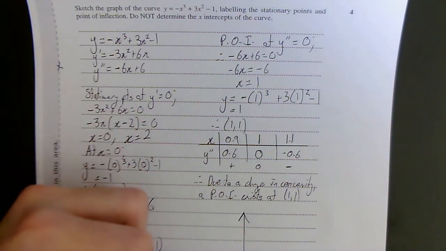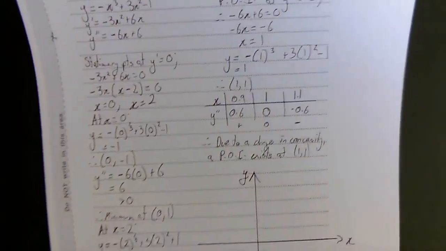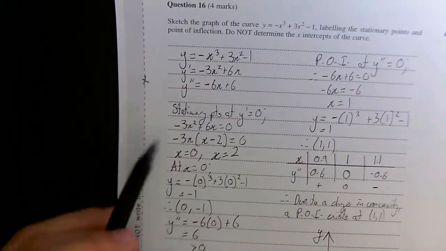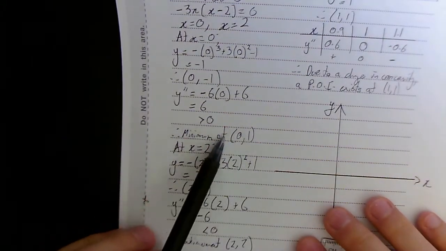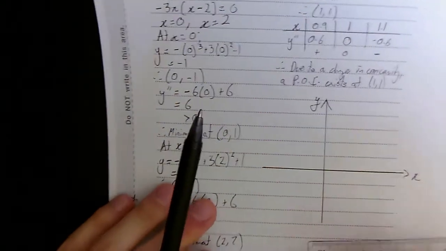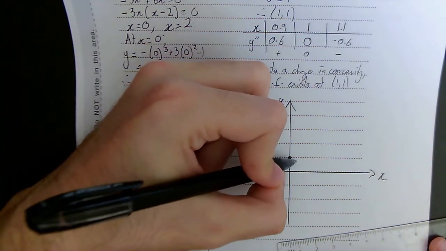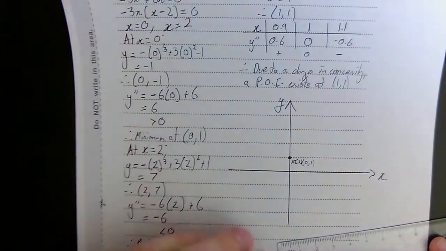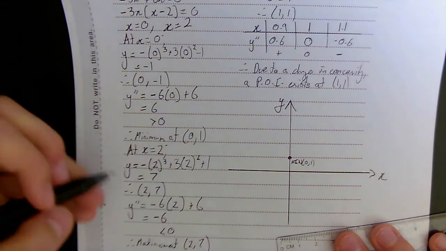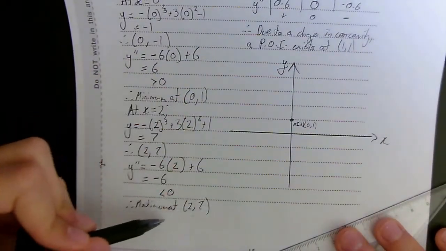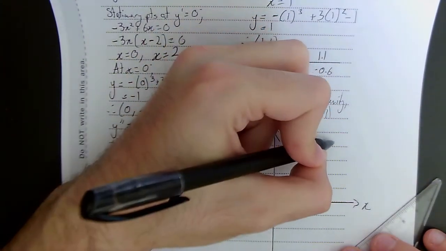So I'm going to draw my axes real quick, label the x and y axes, and now label my points. Recall, I have a minimum point at (0, 1), so I'm going to say minimum (0, 1). I have a maximum at (2, 7), which is about here.